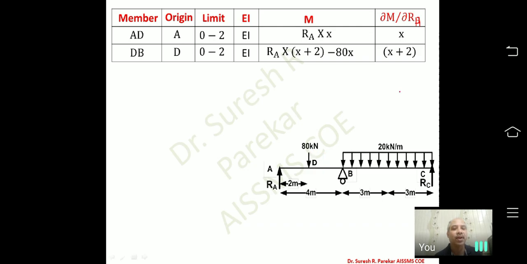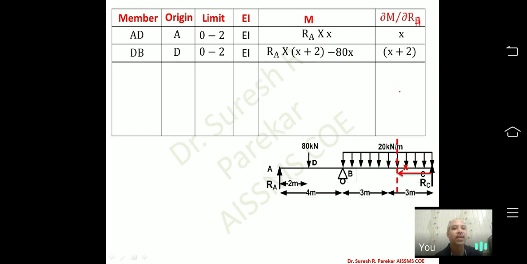And then we have third, that is between C to B. You can see X we have considered from C. So I have C, B, origin we have taken C, limit we have 0 to 6, EI we have EI. Now what is moment? We have RC into X. Now what is value of RC?